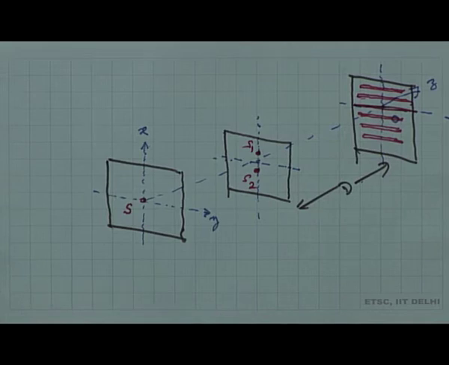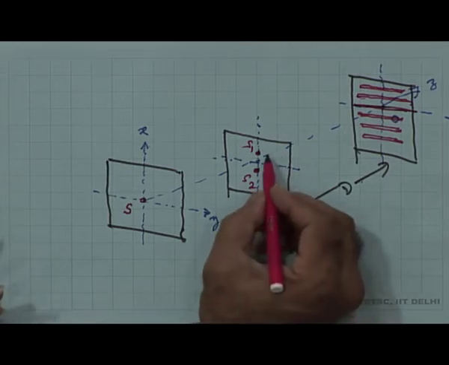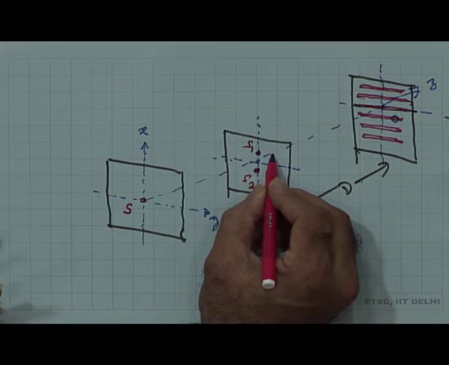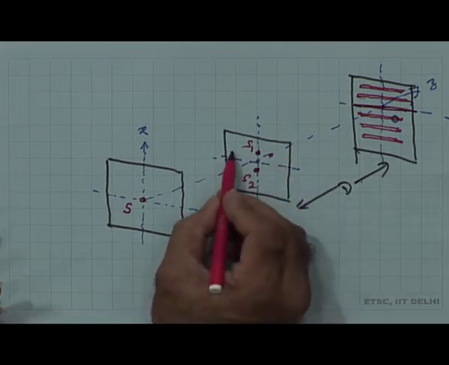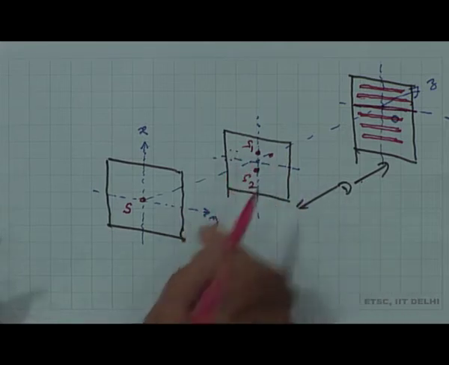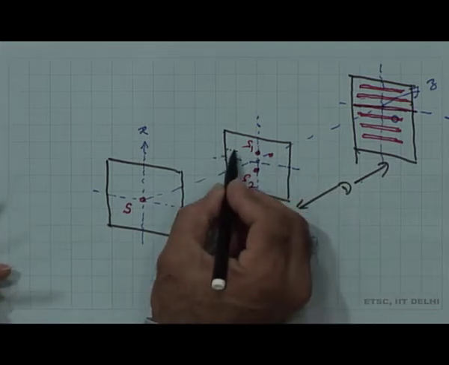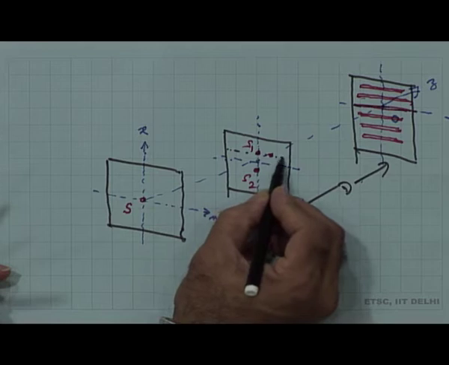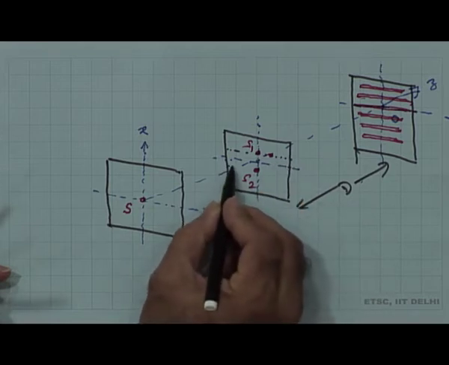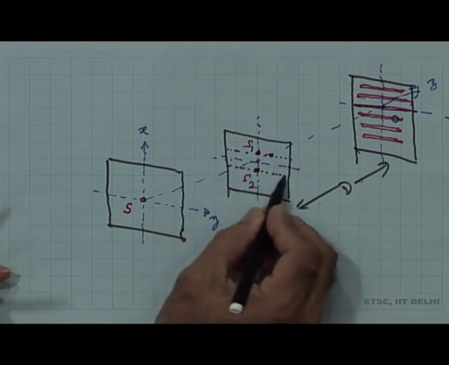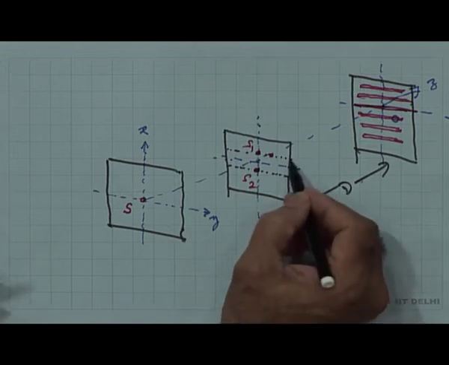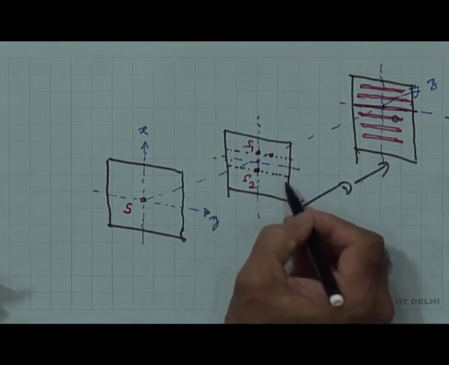When it becomes 2 lambda, we have the second bright fringe, and in between, of course, we have the dark fringes. Now, suppose we have 2 more points, separated by the same d. Let me draw 2 lines parallel to the y axis. The separation between these 2 lines is d.